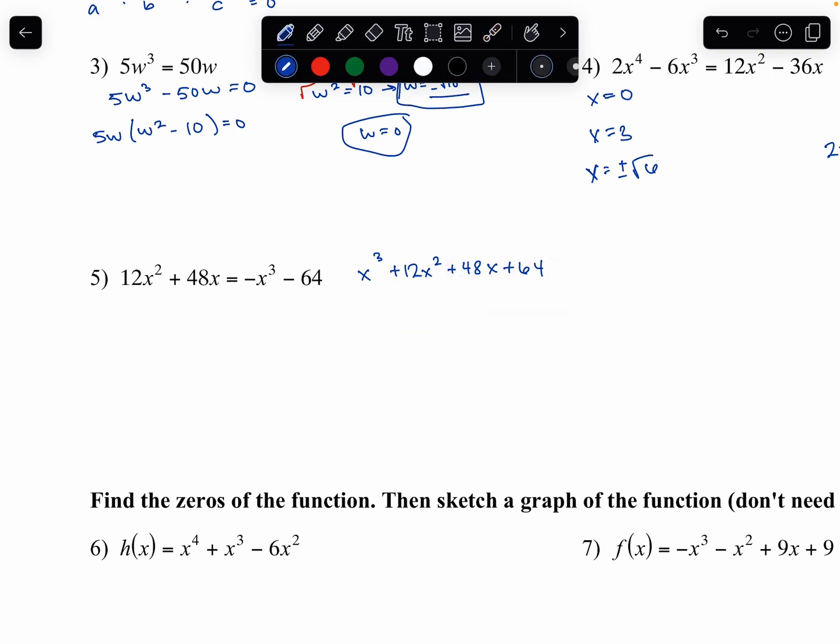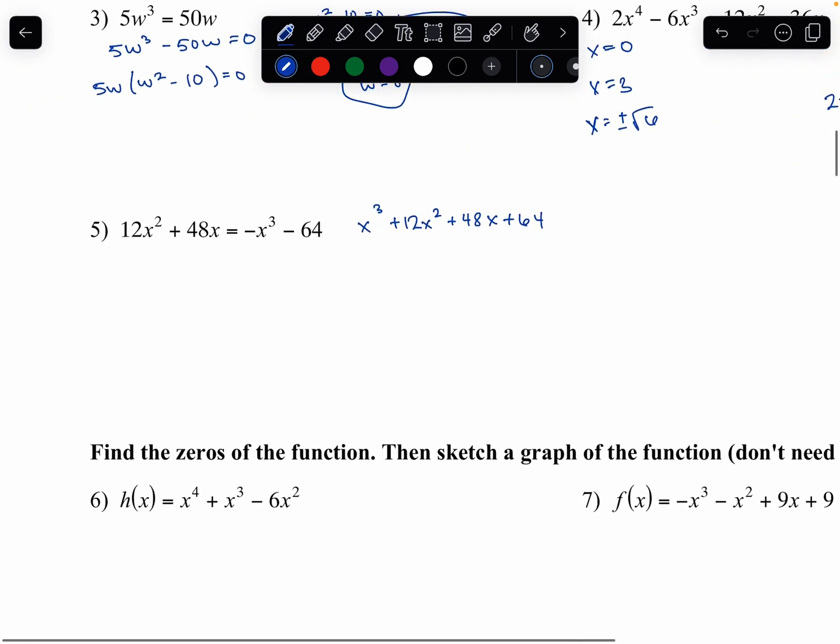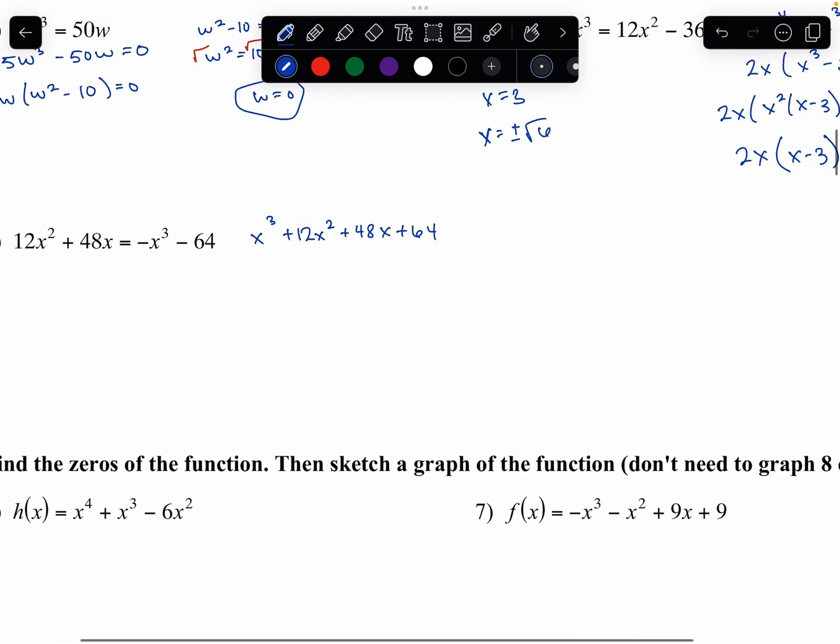So what we can do is use the rational roots theorem, which says if I take all the factors of 64 and divide it by all the factors of 1, I can create a list of possible factors.